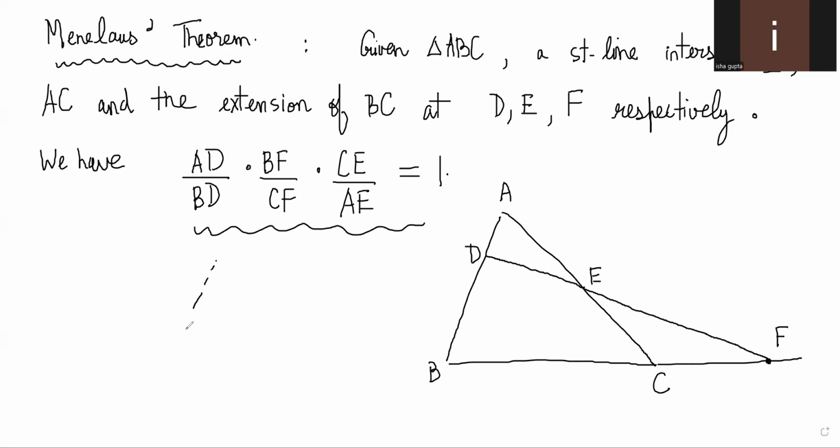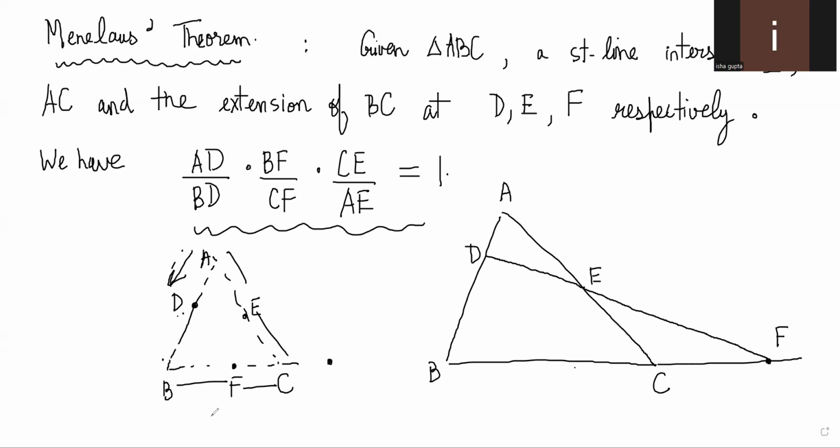So imagine the triangle. And imagine that instead of this point F being outside, it was somewhere here, okay? Everything else is the same. The only thing that you are imagining is F is somewhere here, and D and E are somewhere here, okay? Then what you do is you have to go in a particular order, either counterclockwise or clockwise. So you start from any point, let's say A. So you say AD by BD, then BF by CF, then CE by AE.